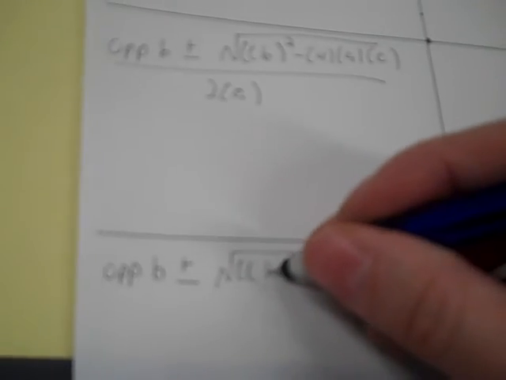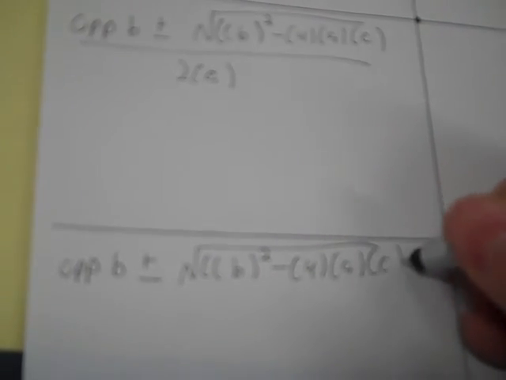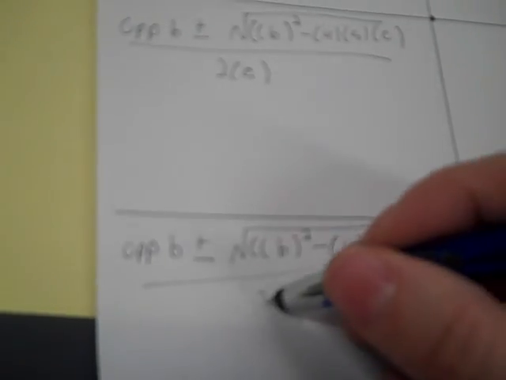Opposite of B, plus or minus the square root, B squared, squared means second power, minus 4AC, over 2A, over 2A. Okay?